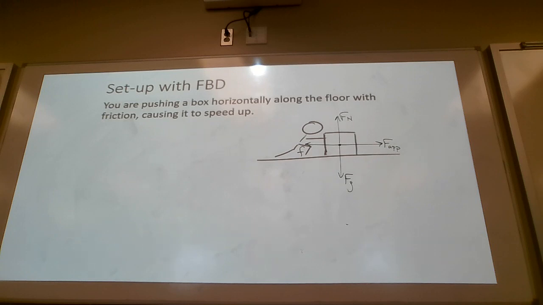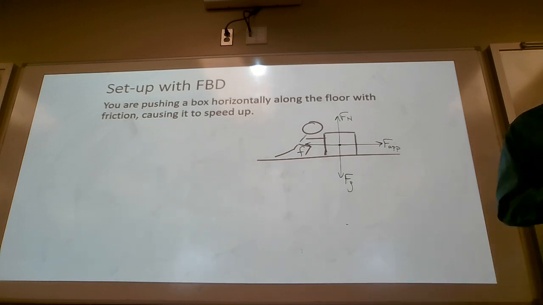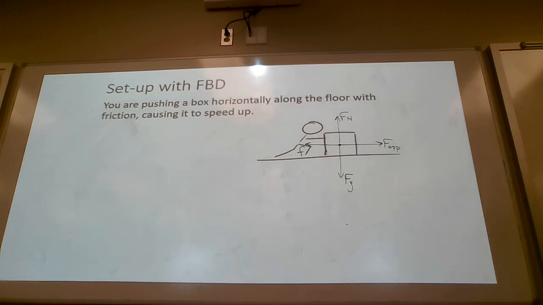Okay. So pick the way you want to be positive. My strong recommendation is make the way it's moving positive. Okay, make the way it's moving positive. Even if it's moving down, make down the positive direction.